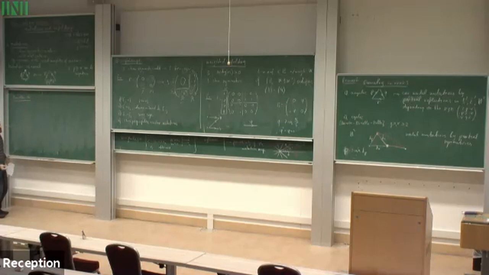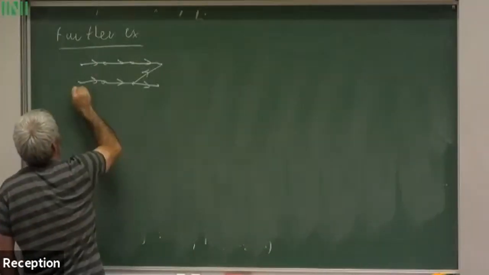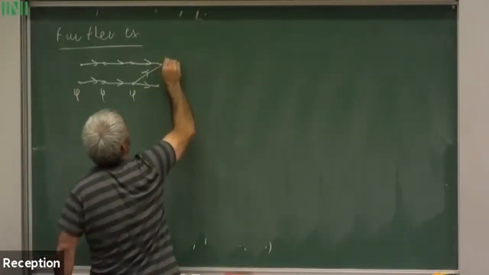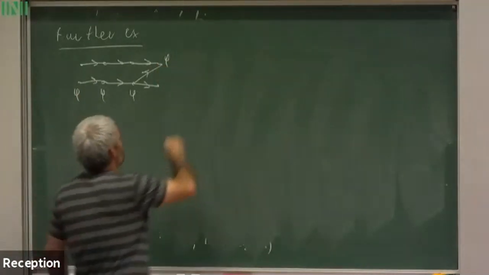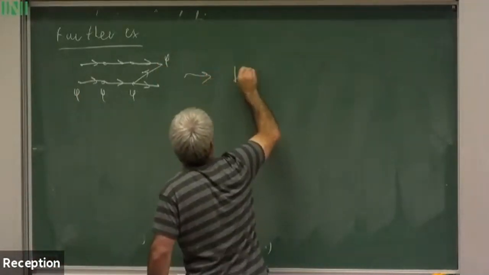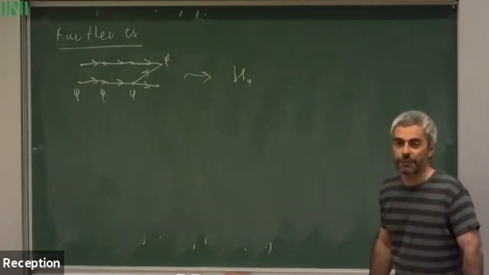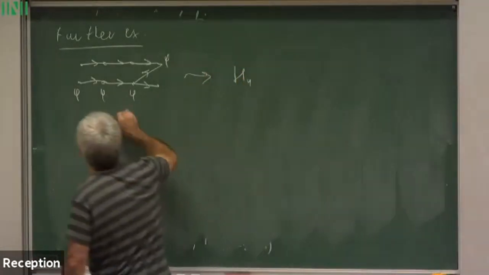The initial example of this is E8, with weights phi, phi, phi, and phi here, and this goes to H4. And if we cut it, we get this.